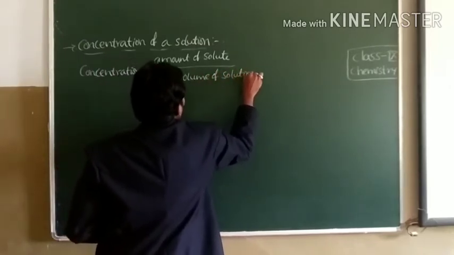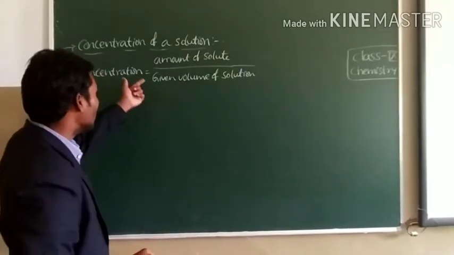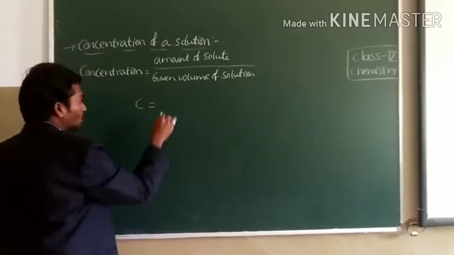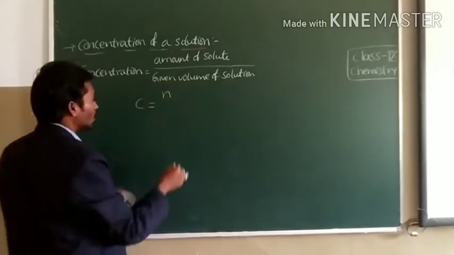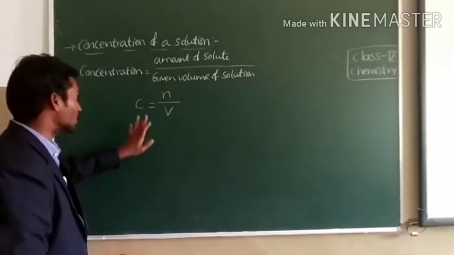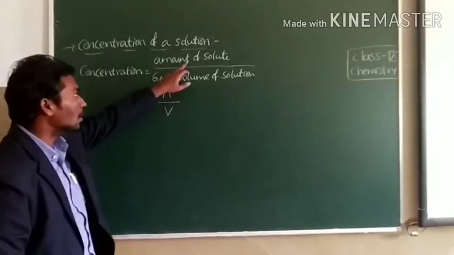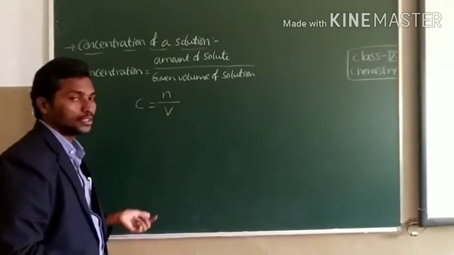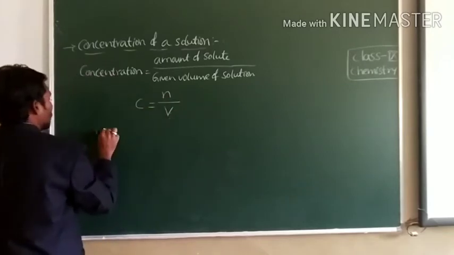The concentration is denoted by C. C is equal to the number of moles or amount of solute, n, over V, where V is the volume of the solution. So concentration C is equal to the number of moles of solute over unit volume of the solution. Here n is the number of moles.